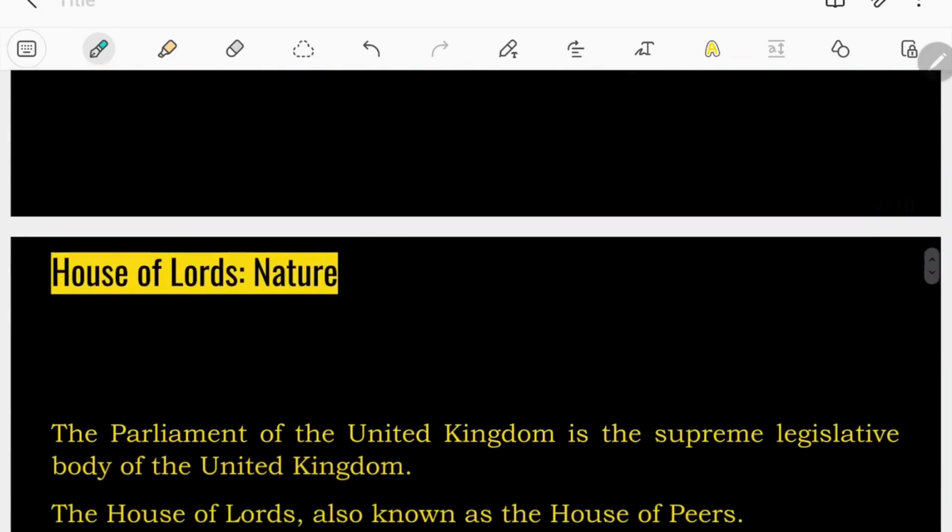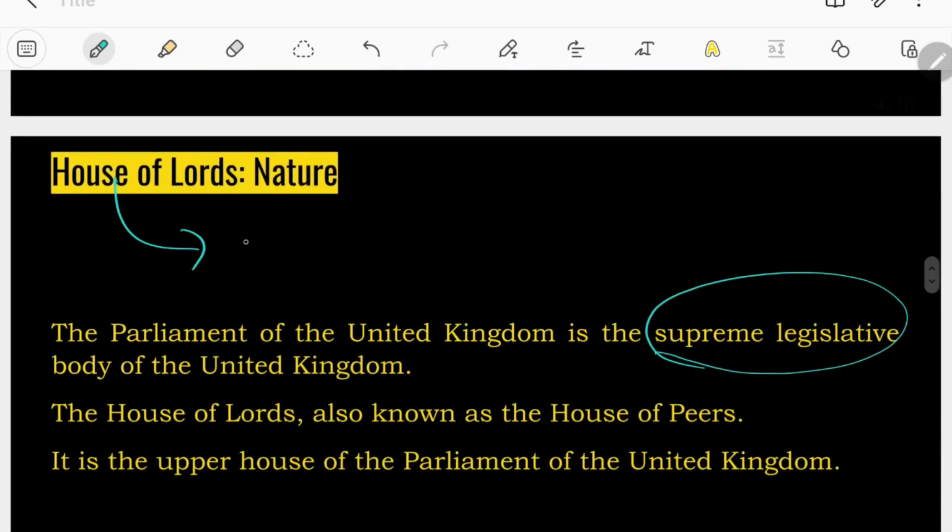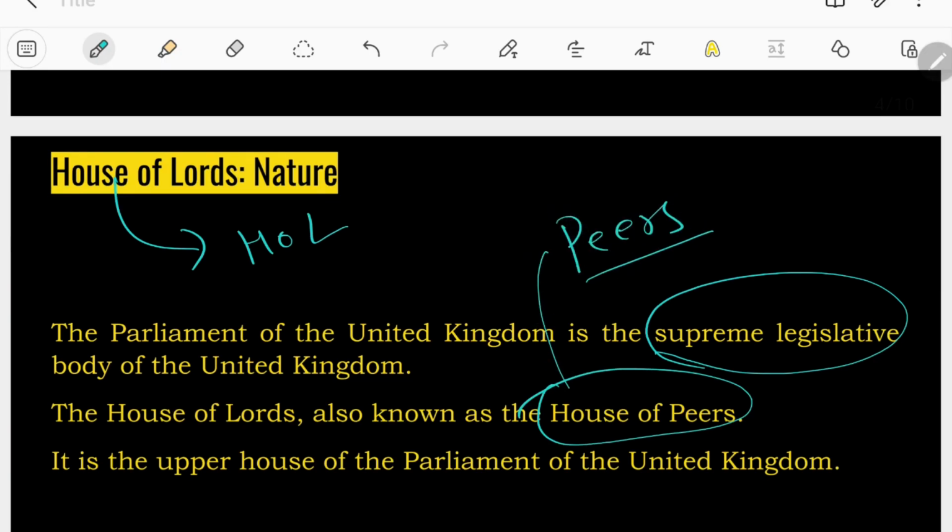As I told you already, in the United Kingdom the Parliament is the supreme legislative body, and one house is the House of Lords. Now this House of Lords is also called the House of Peers, because the members who are there are called peers. So it is the upper house of the Parliament.